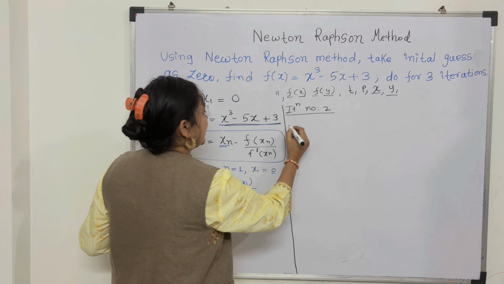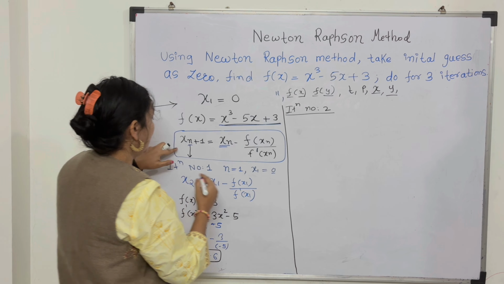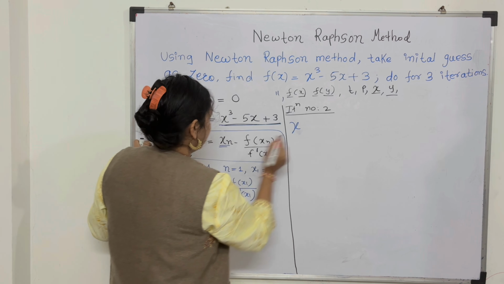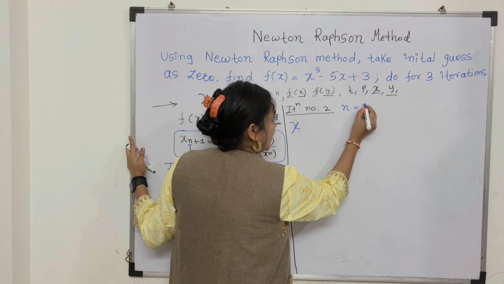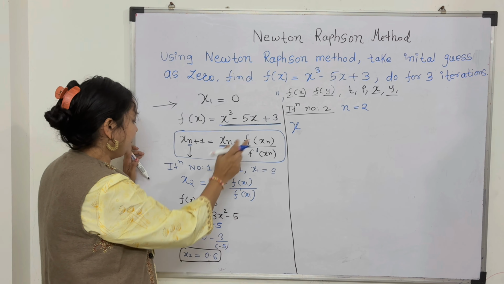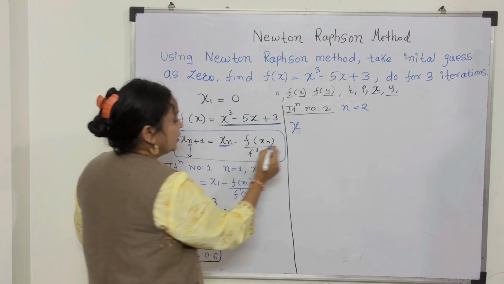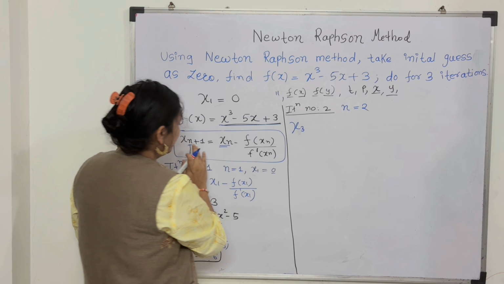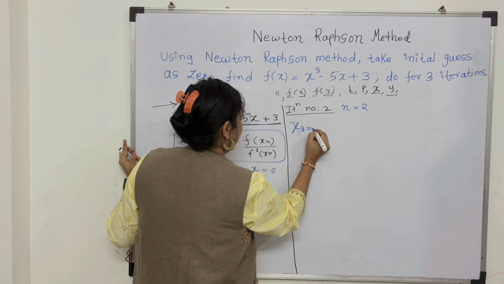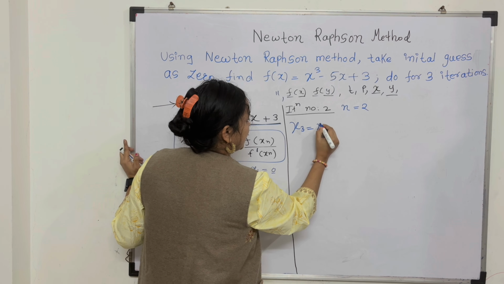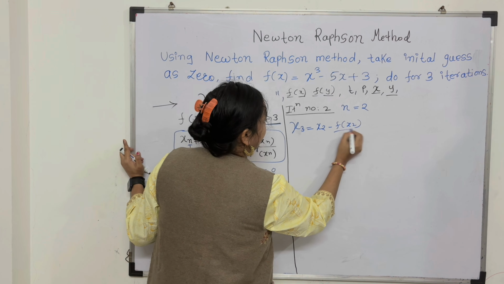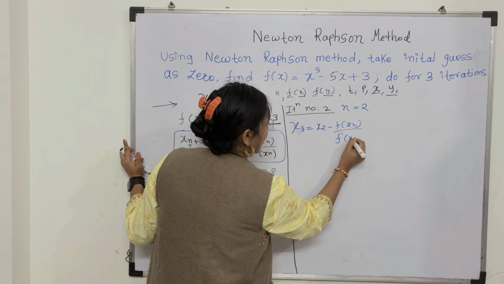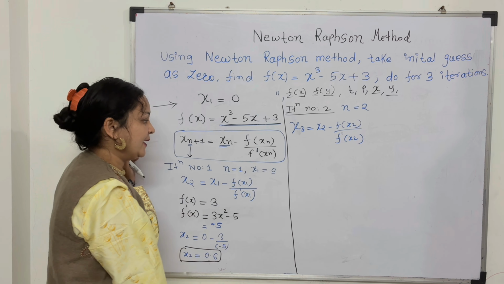In a similar manner you consider this formula, where you consider n as 2. N becomes 2, so this value becomes 2 plus 1, which is 3. X3 means x2 minus f of x2 divided by the derivative of f at x2.